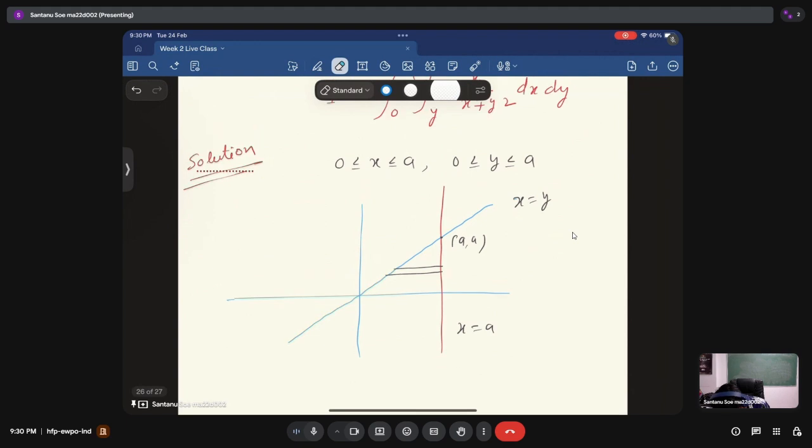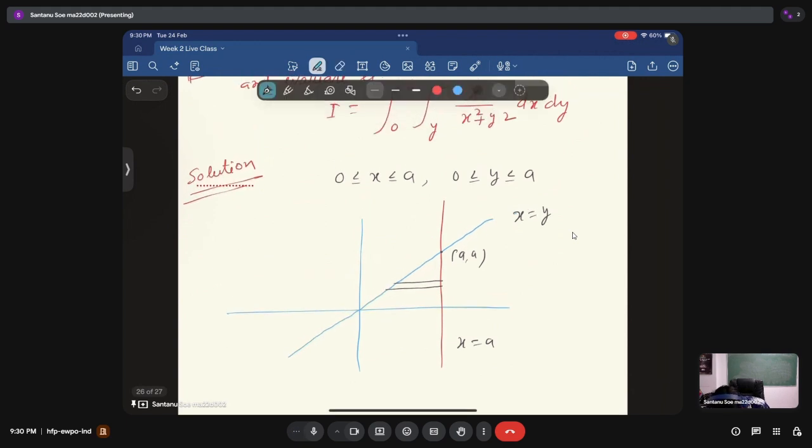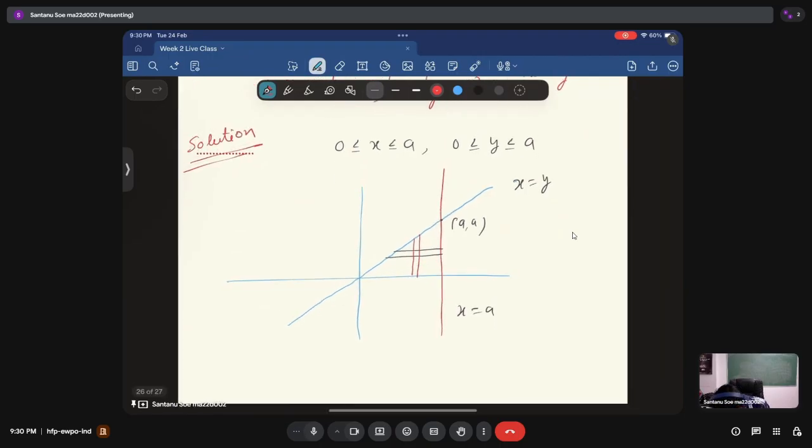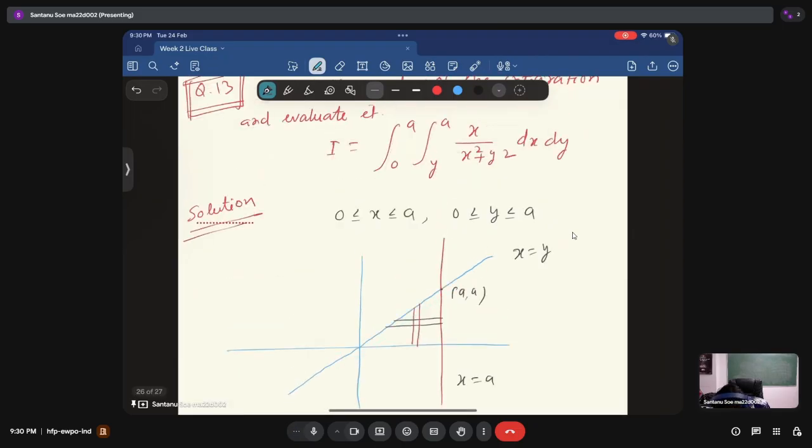So now we can take a vertical strip like this. Okay, so our integration I will be changed into. So first we have to take the limit of y and then the limit of x.